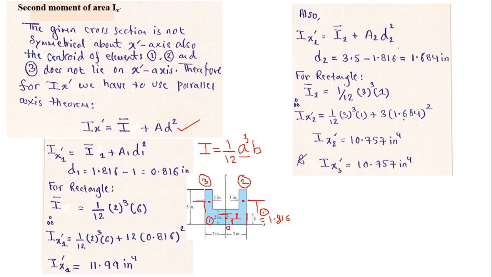So this will be 1.684 square, and this gives you 10.757 inch 4. So for Ix3 dash, the result will remain the same, okay, because this is shape number 3 and all values will remain the same.